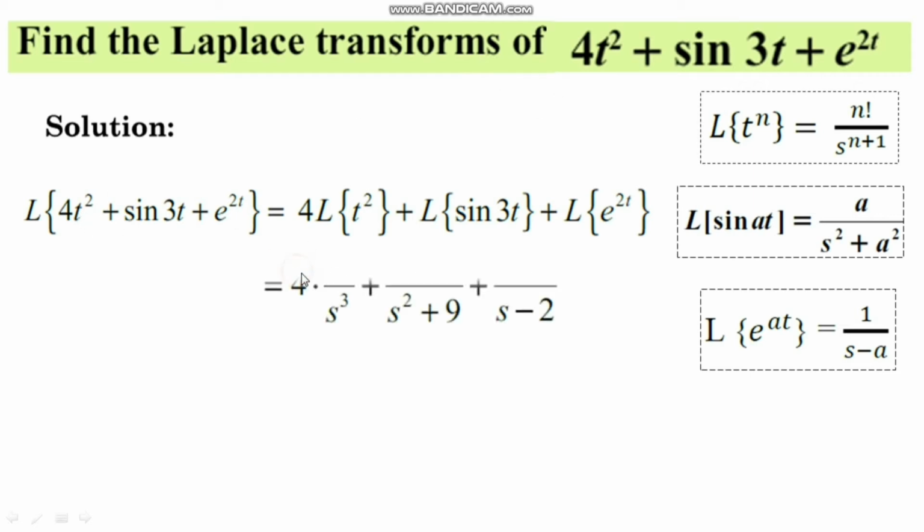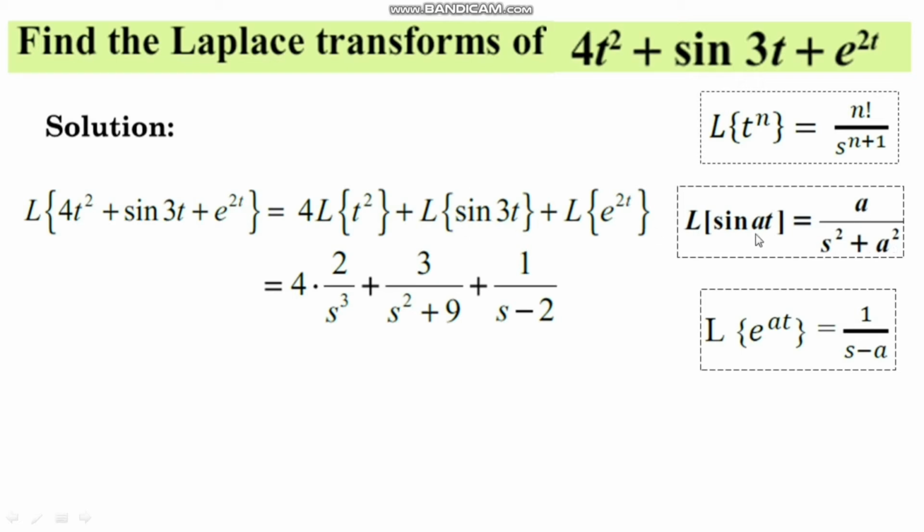So 4 is a constant. The Laplace transform of t^2 becomes 2 factorial by s^(2+1), that is 2 by s^3, plus the Laplace transform of sine at, a by s^2 plus a^2.